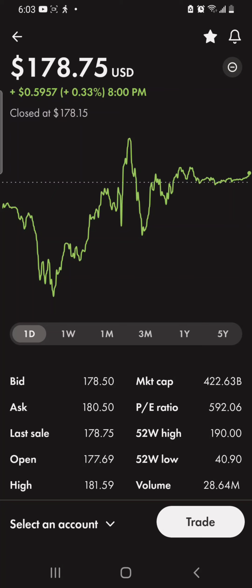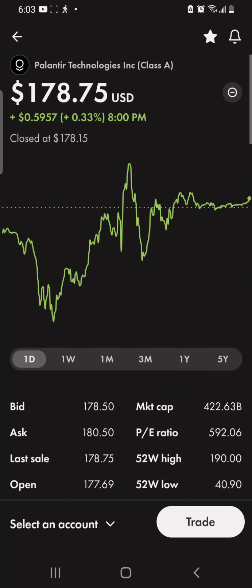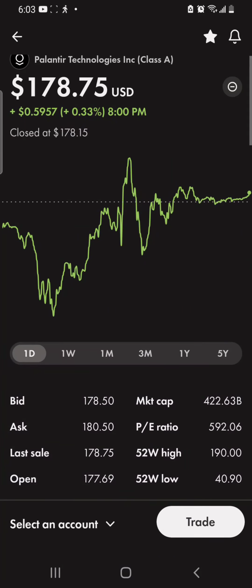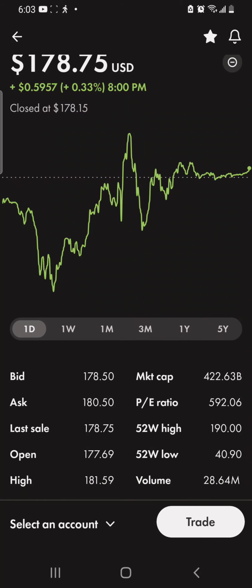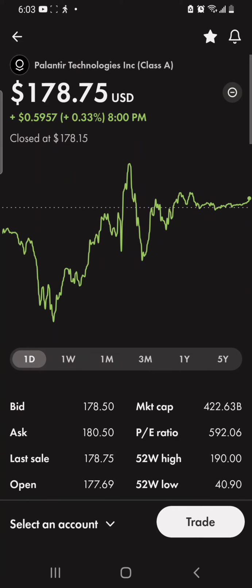Looking at the screen here, this is the stock Palantir. It's a technology stock. And if you look below the green line, you will see D, W, M, 1M, 3M, 1Y, 5Y. So the D stands for the day. So this is what it did for the day.